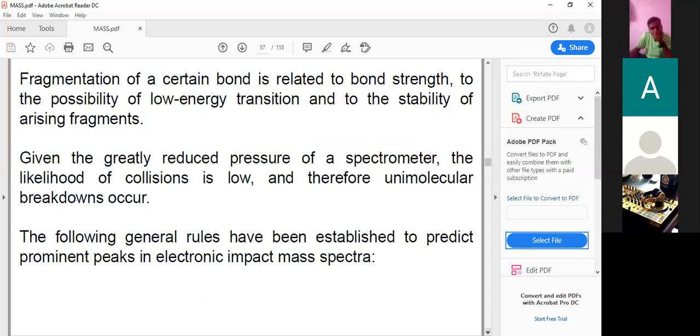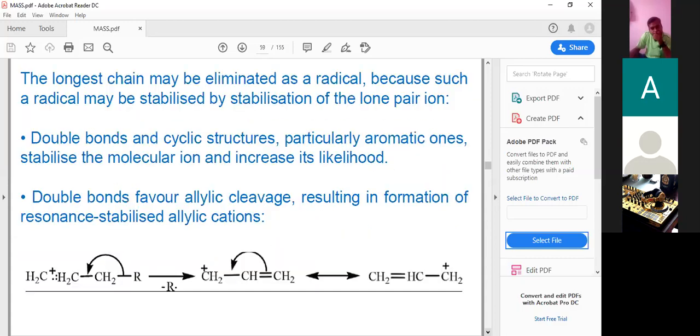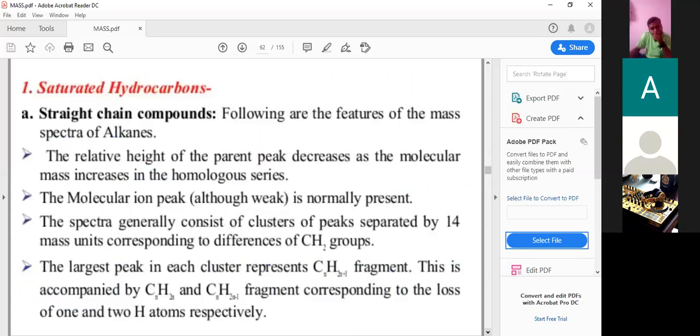These are all we discussed. So what we discussed till now: fragmentation rules.